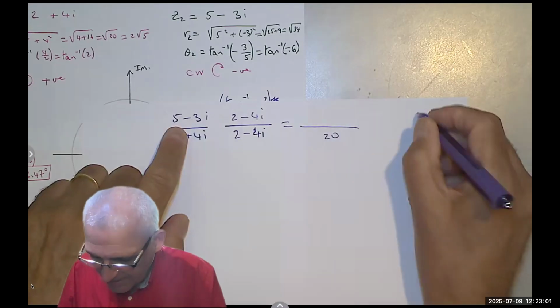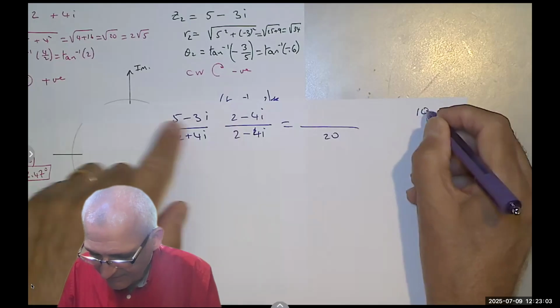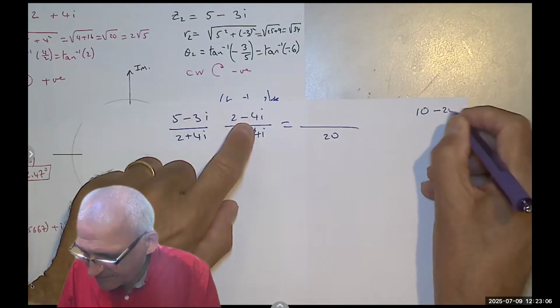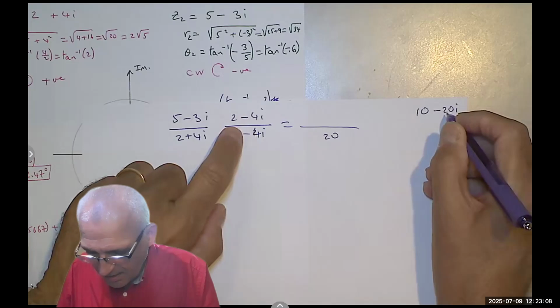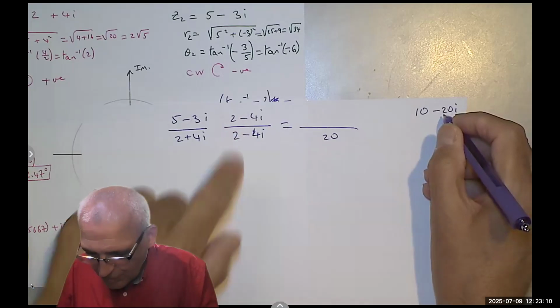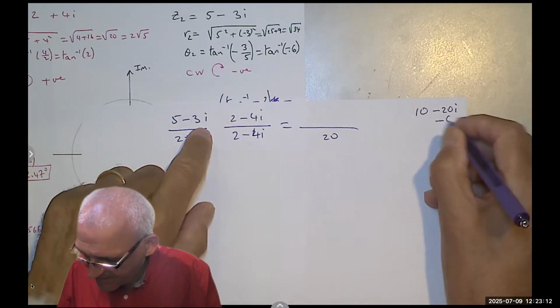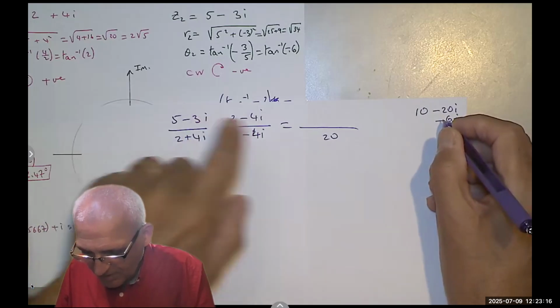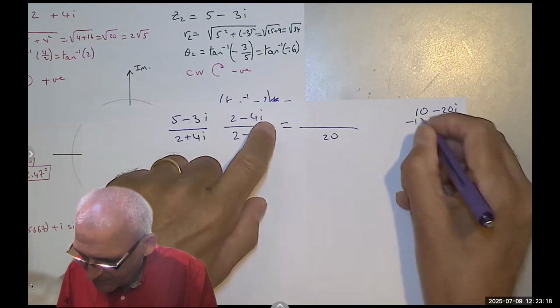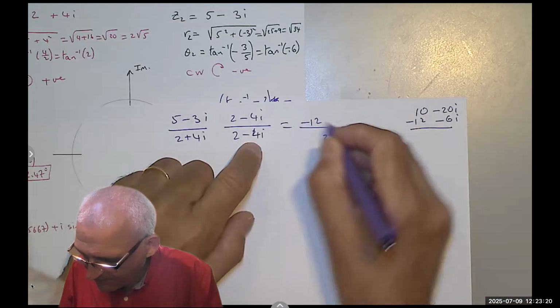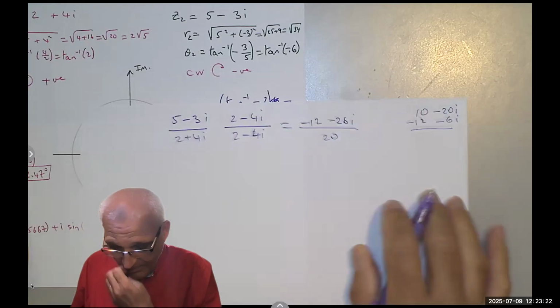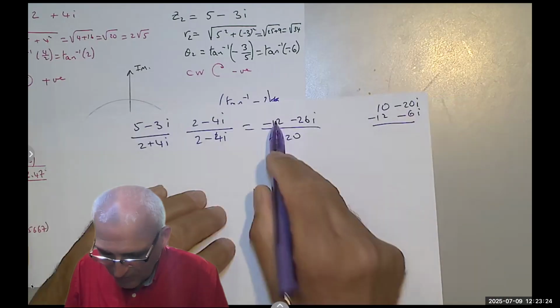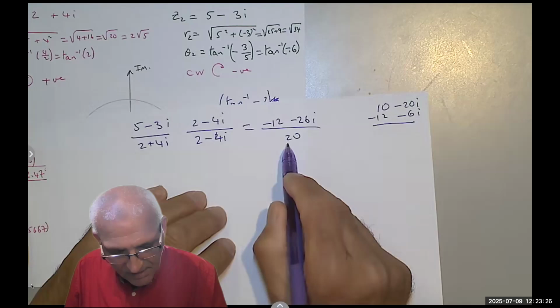Then the numerator, you get 5 times 2 is 10, 5 times negative 4i is negative 20i. 2 times negative 3 is negative 6i, and negative times negative is positive, and i squared is negative, so minus 12. So you get negative 12 minus 26i. Well, if I divide negative 12, no, I don't get that. Something went wrong.